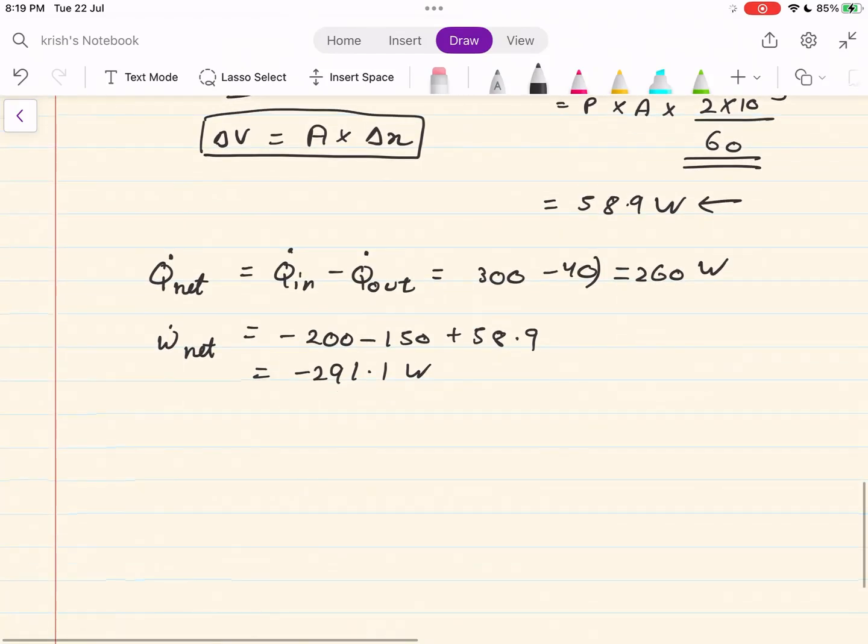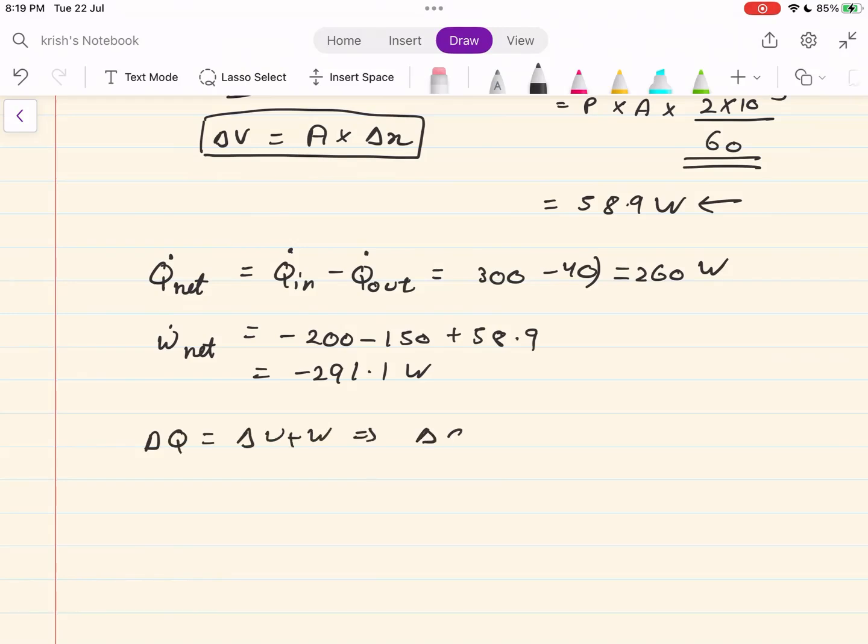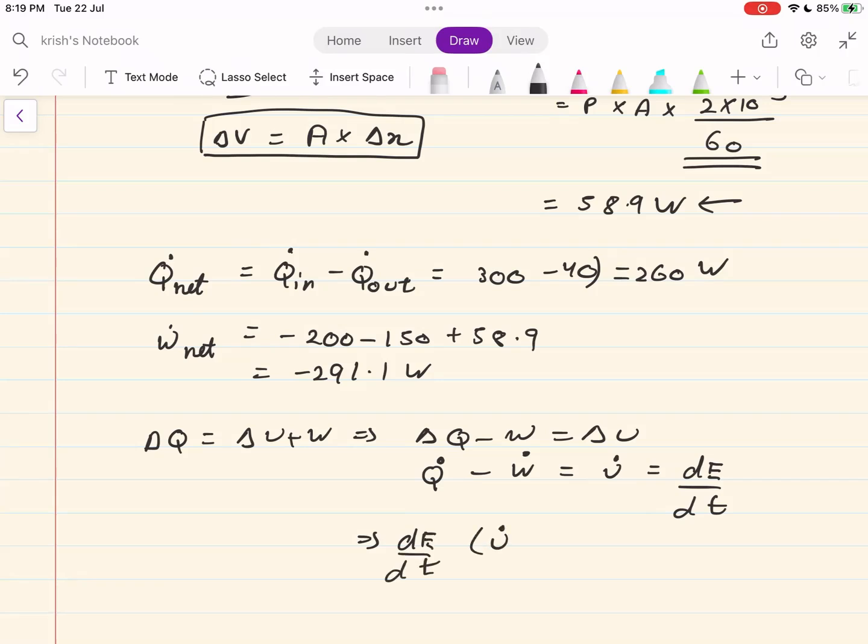The rate of change of internal energy: delta Q equals delta U plus W, which means delta Q minus W equals delta U, or rate of change of heat energy minus rate of work is equal to rate of change of internal energy, or dE by dt, which implies dE by dt equals 260 minus of minus 291.1 equals 551.1 watt.